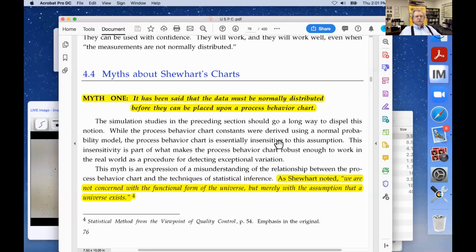So the first of these myths, it has been said data should be normally distributed before they are placed upon a process behavior chart. I hope I've dispelled that myth already for you.